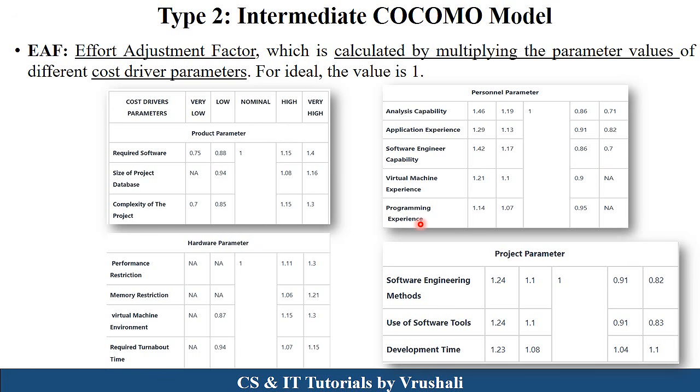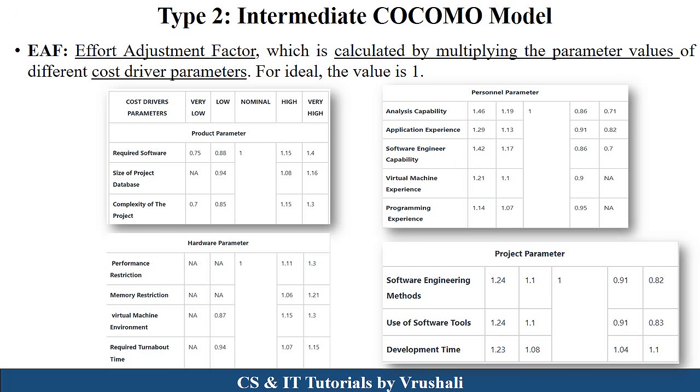Similarly, programming experience. Suppose a particular team's programming experience is very low, so their EF value is 1.14, low experience is 1.07 and high experience is 0.95, in this way. Similarly in project parameters. So you can use these EF values directly in your formulas. These values are provided by the intermediate COCOMO model.